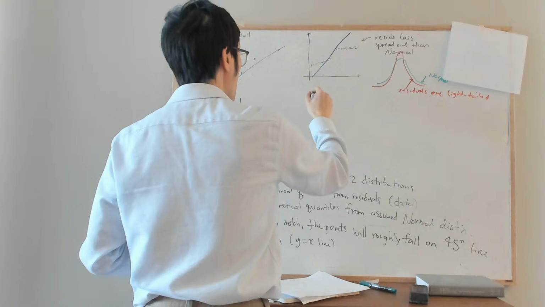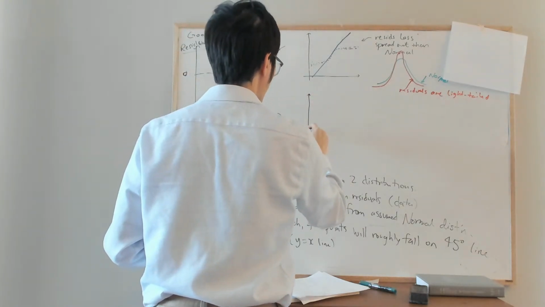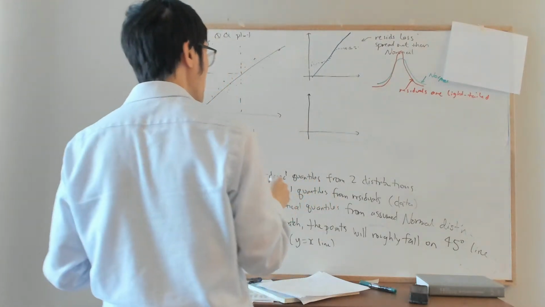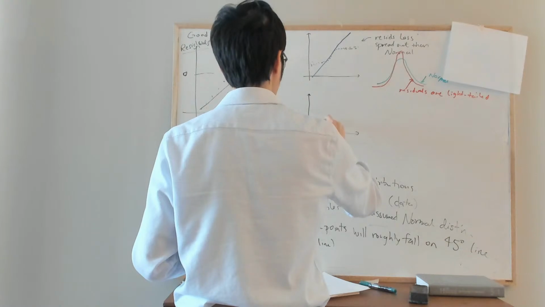Okay, you can also have the opposite effect, where the residuals are more spread out than would be expected with a normal distribution. So your points might look like this.